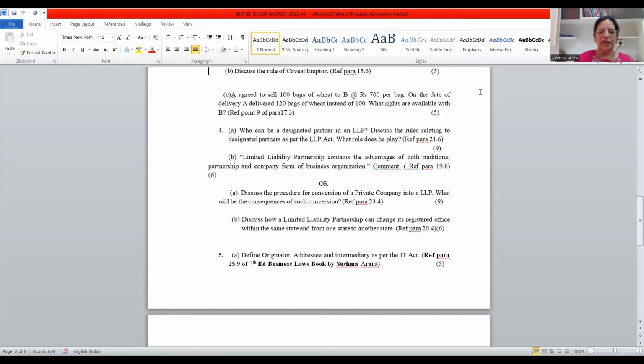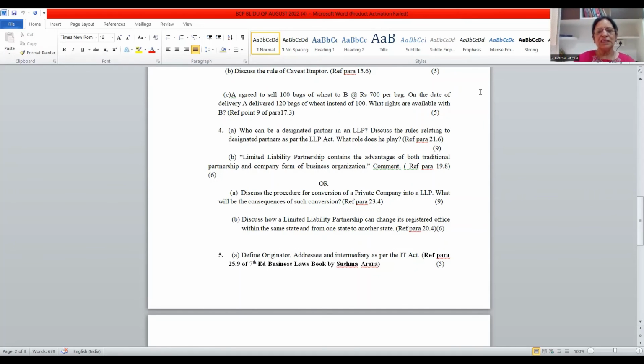So 23 is the chapter number; now here, under the new syllabus, which is as per NEP, it is the 22nd chapter. And then, friends, discuss how a limited liability partnership can change its registered office within the same state and from one state to another state.